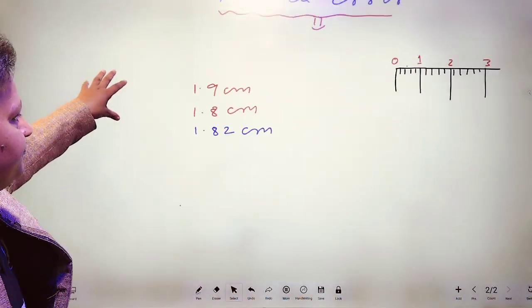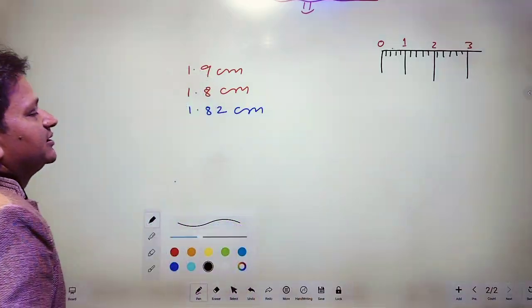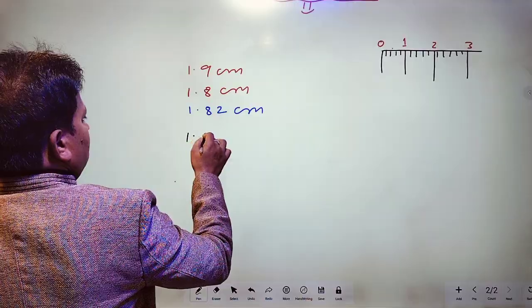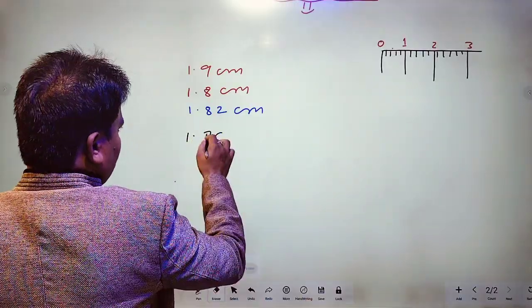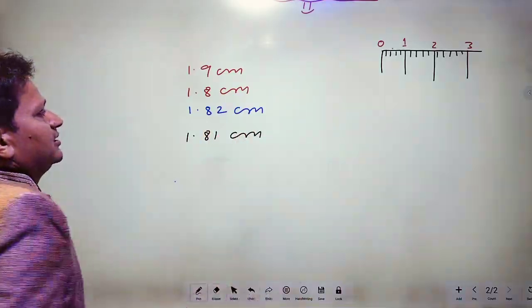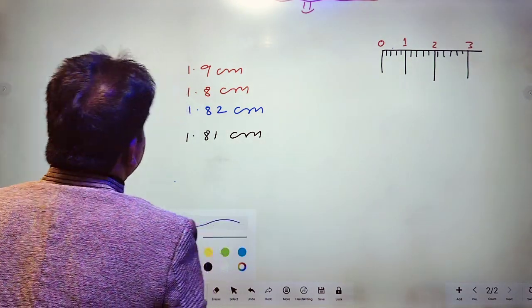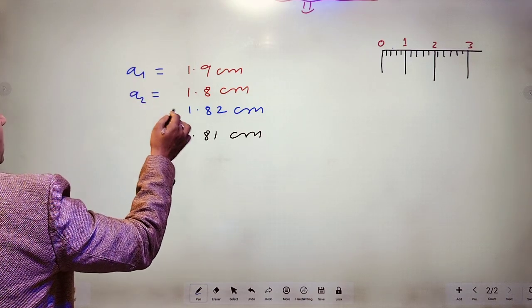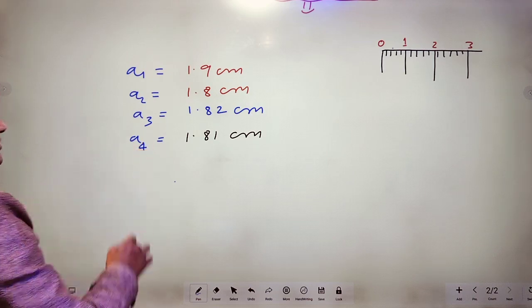Similarly, we take minimum 8 to 10 readings, and so on. Suppose this is A1, this is A2, this is A3, and this reading is A4.